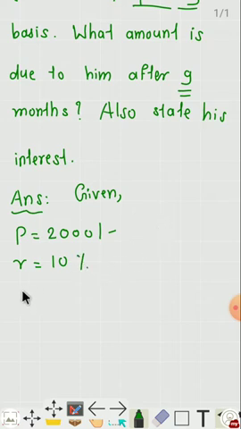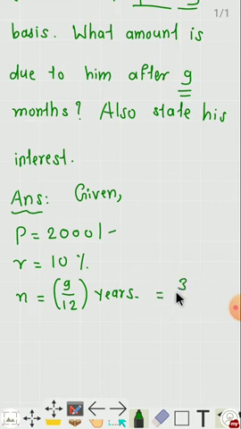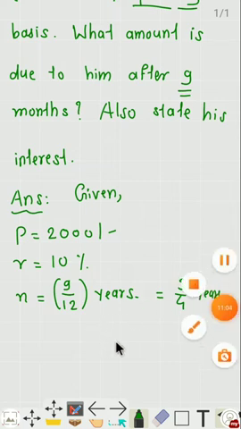Then the number of years n is equal to 9 upon 12 years, or we can write 3 by 4 years.